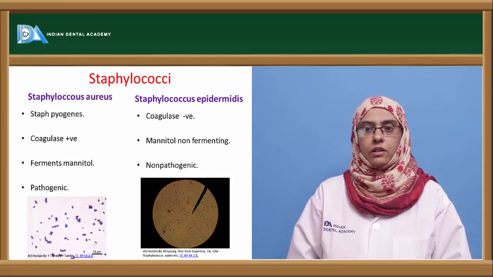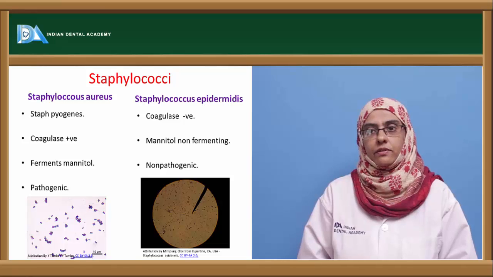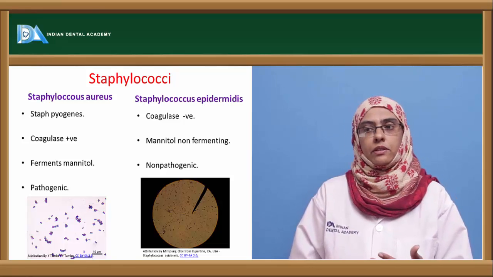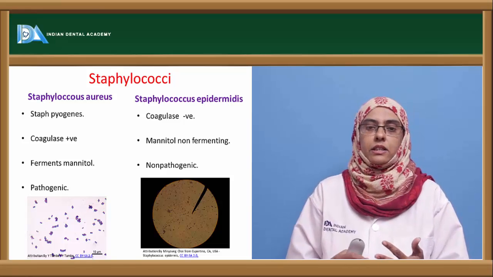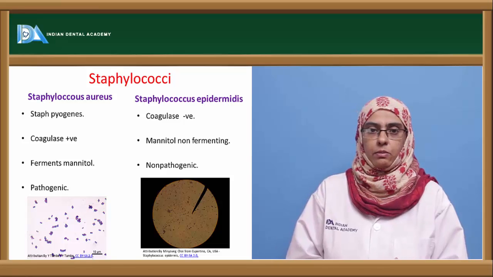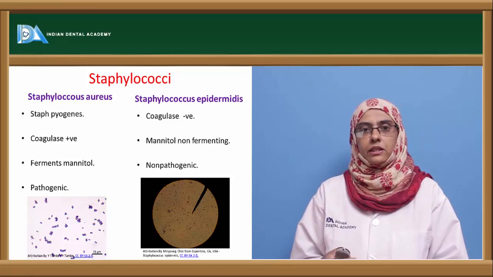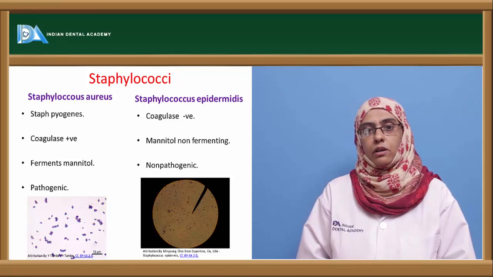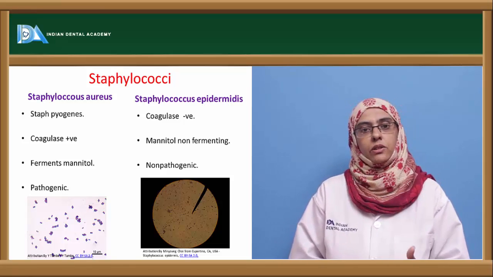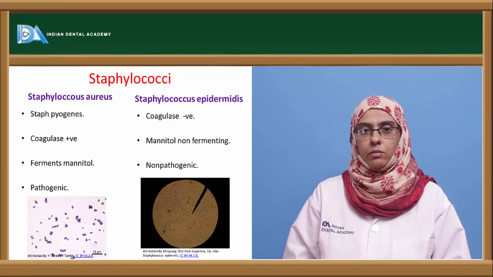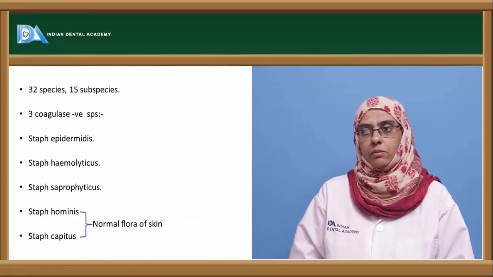Staphylococcus aureus is involved in pyogenic infection. It is coagulase positive and ferments mannitol, and it is pathogenic in nature, causing different pyogenic infections in the human body. Now coming to epidermidis, it is coagulase negative, does not ferment mannitol, and is non-pathogenic, and it harbors on the human body as normal flora.